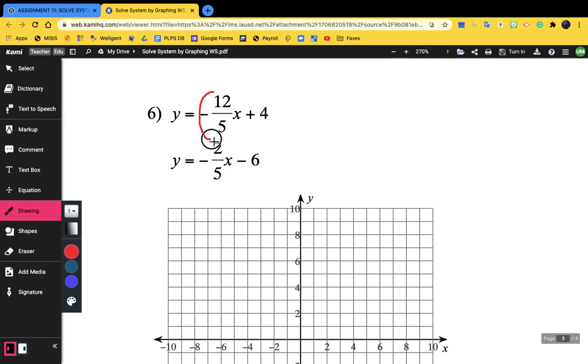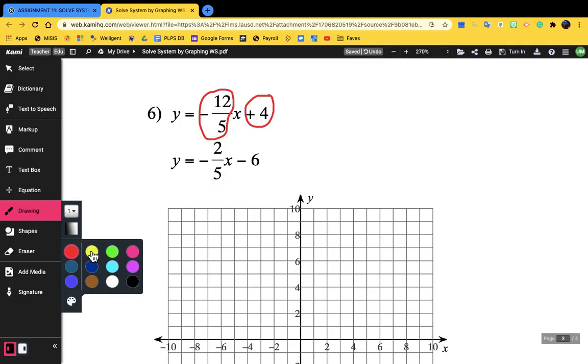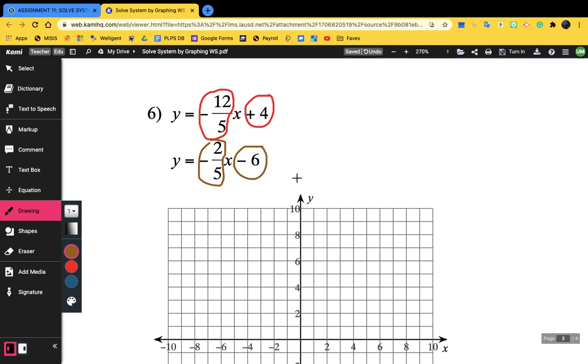So -12 over 5 is my slope, and +4 is my B, excuse me. And let's go with this is like a brown. Okay, that works. And for my second equation, -2 over 5 is my M, my slope, and -6 is my B, my y-intercept.